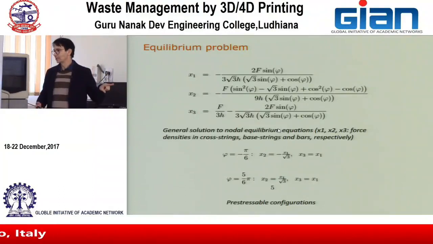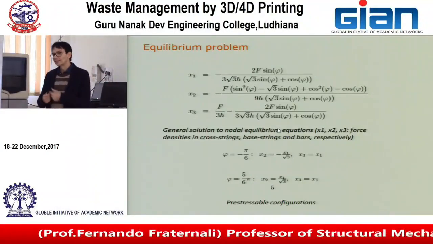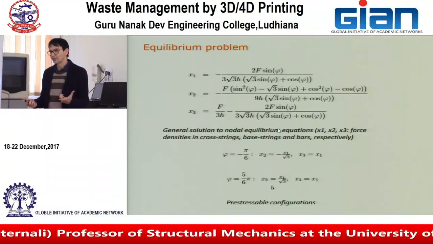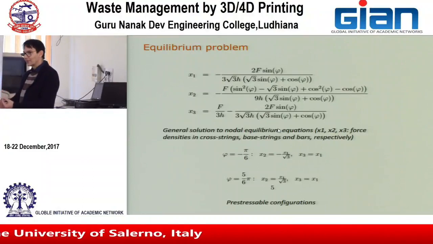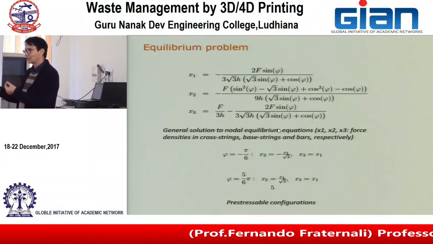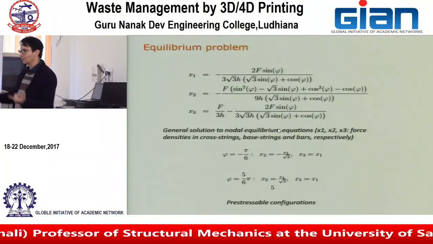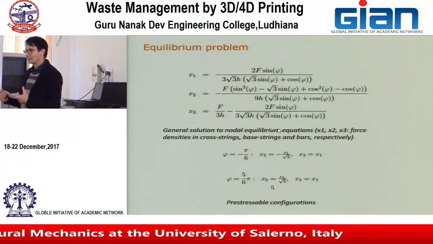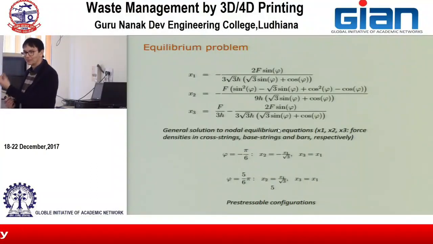If you can have x1, x2, x3 different from 0 when F is equal to 0, that gives you a pre-stressable configuration, so a configuration in which the structure is in equilibrium under self-equilibrated forces. There are tension and compression that are self-equilibrated and do not correspond to an external load. That's the mounting configuration or the freestanding configuration.